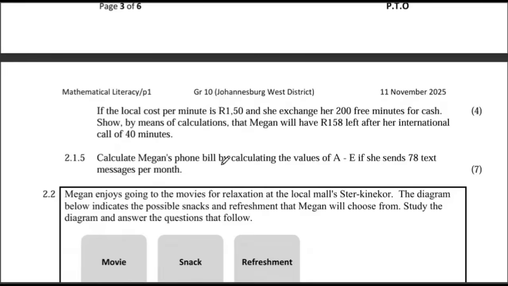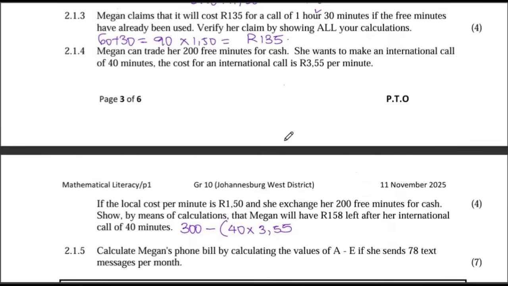Now, remember, we already have the money for the free calls, the 200. She will have 300. This 300 minus the money got from the 40 minutes, which are international. So we get 40 times 3 rand 55 cents. Remember, the 3 rand 55 cents is the cost per minute for international calls.